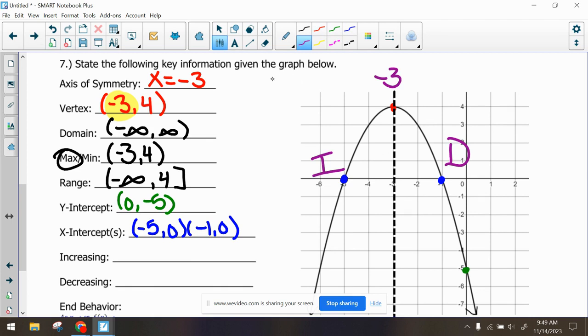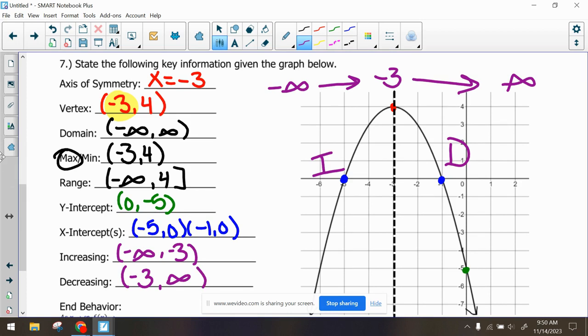Our left side, we know if we're looking at x values, goes all the way to -infinity, and our right side goes to +infinity. So our increasing interval goes from -infinity to -3, and our decreasing interval goes from -3 to infinity.